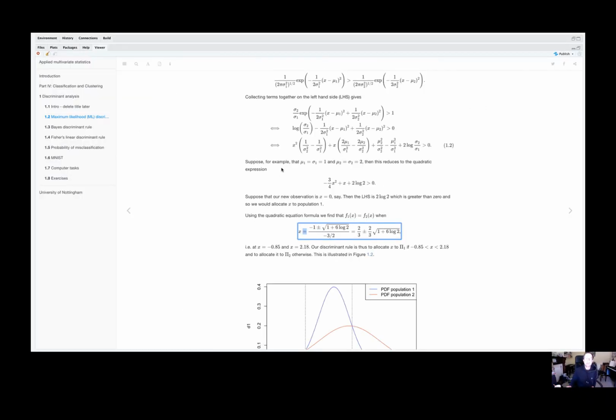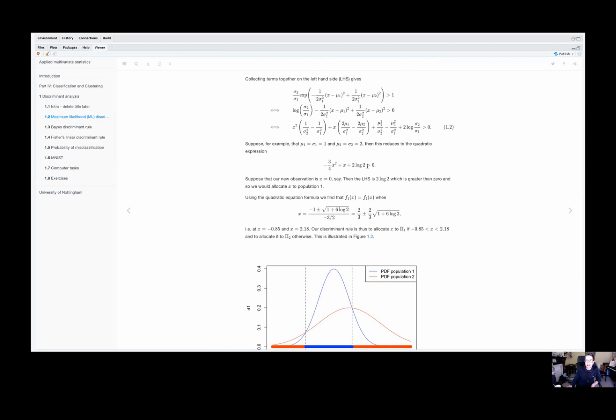So let's pick some values for mu and sigma. Let's begin by letting sigma 1 and mu 1 be equal to 1, and mu 2 and sigma 2 equal to 2. In this case, the quadratic we computed reduces to minus 3/4 x squared plus x plus 2 log 2, and we want to find where that is bigger than 0.